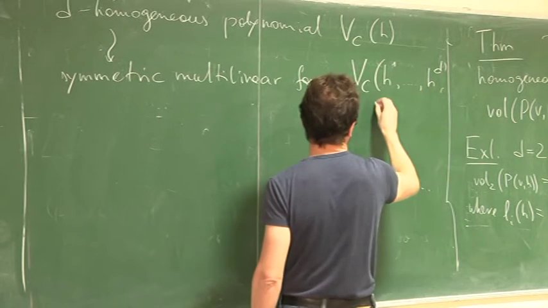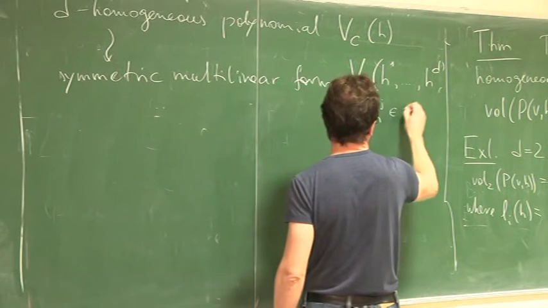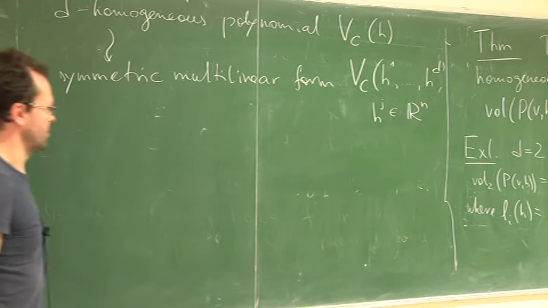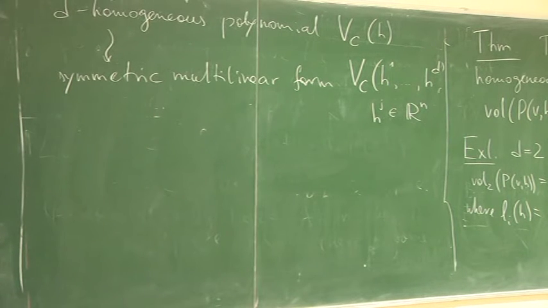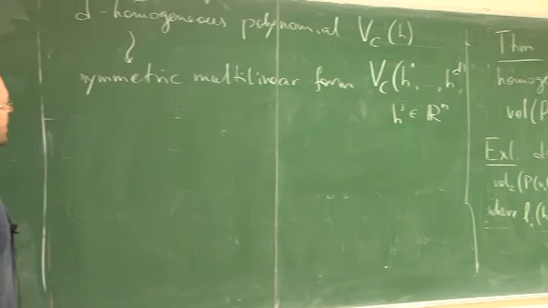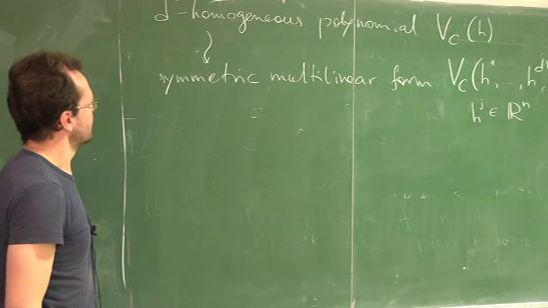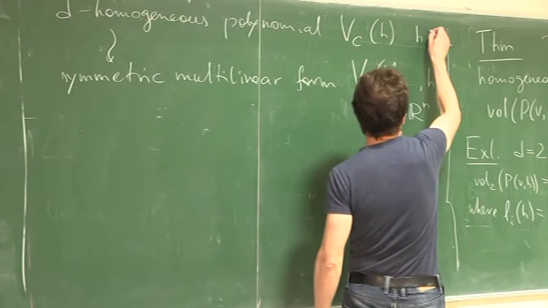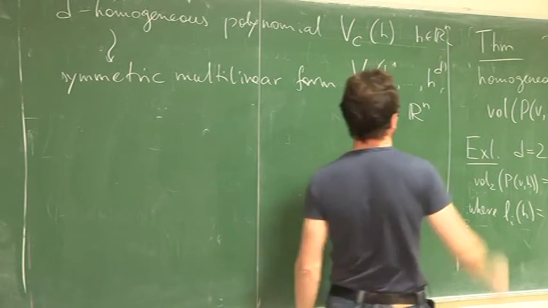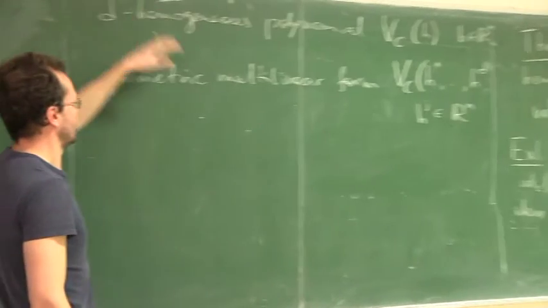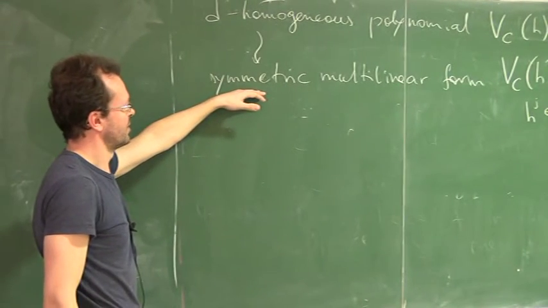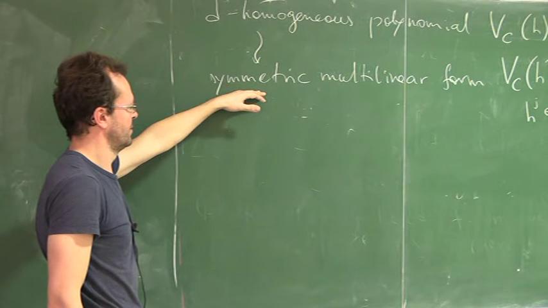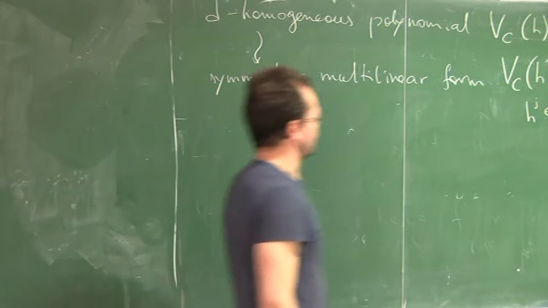So each of these Hj's is a vector in Rn. Here I had a polynomial in n variables, because H was a vector in Rn. From a polynomial in n variables of degree D, I can make a symmetric multilinear form on Rn.